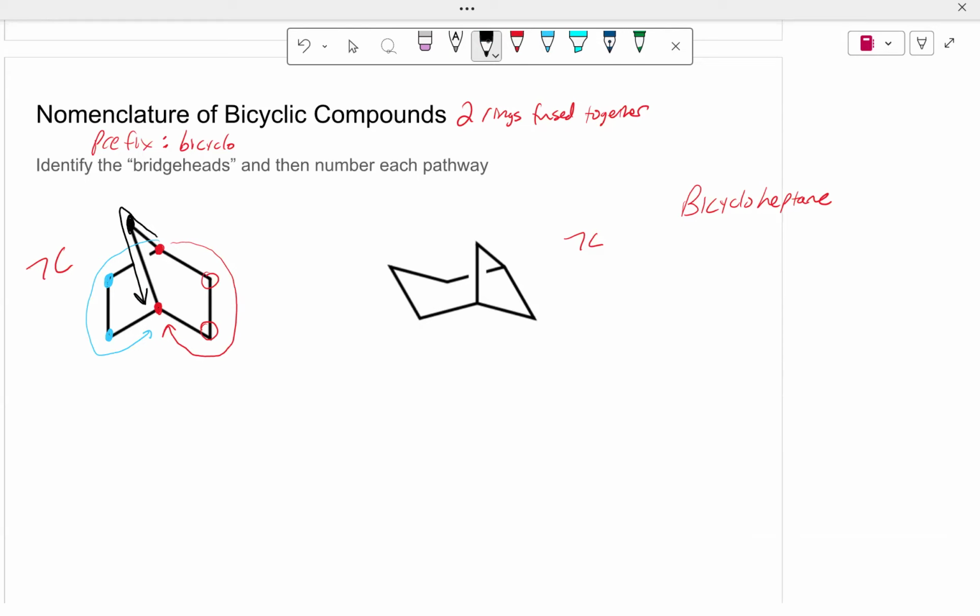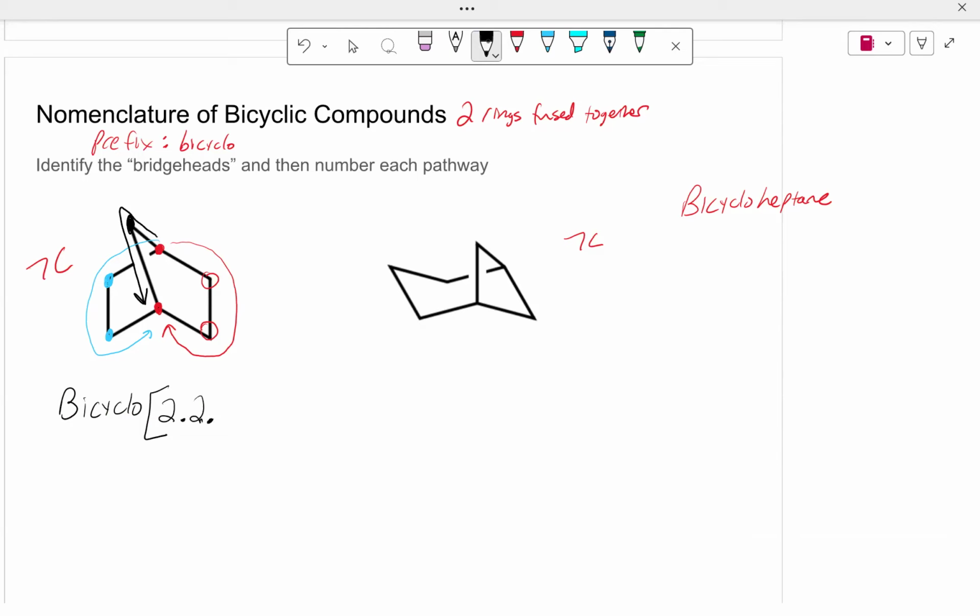And we incorporate those numbers of carbons that I marked there into the name. Here's how this works. I start with my prefix bicyclo. I'm going to put an open bracket, and I'm just going to put some numbers in. Those numbers are equivalent to how many carbons are in each pathway. So in the red pathway, there were two. The blue pathway, there were two.